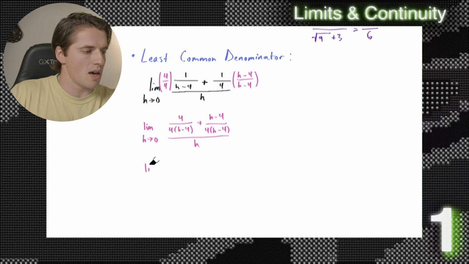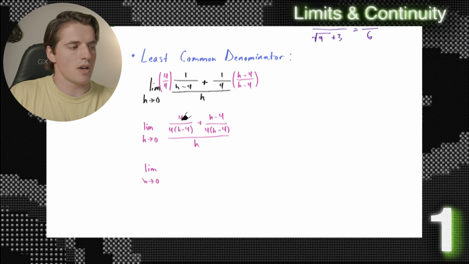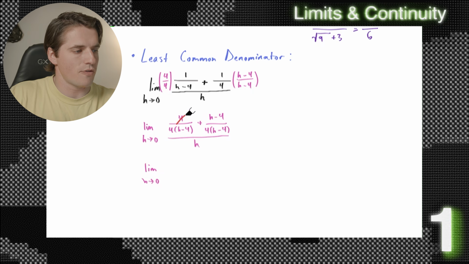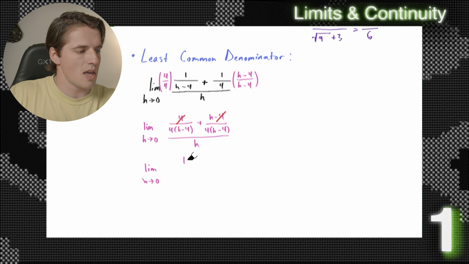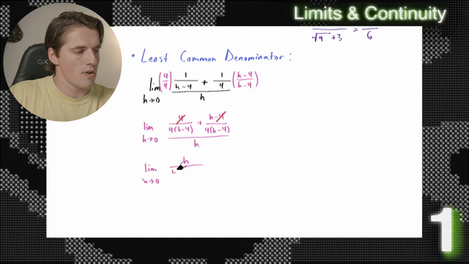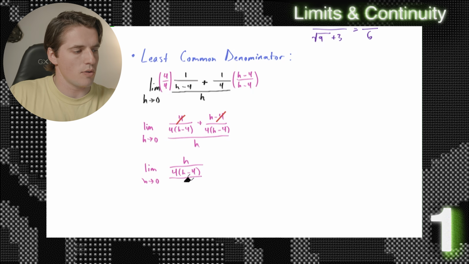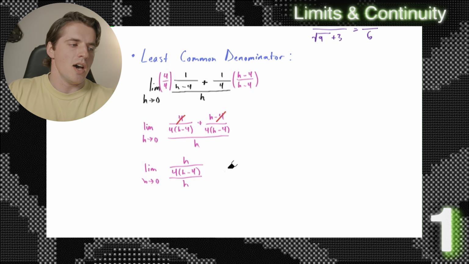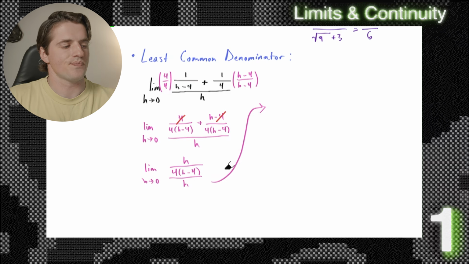Okay. The limit as h goes to 0, and we can see in the numerator, when we add these, the 4 and the 4 will cancel. So we'll have h over 4h minus 4 all over h. Okay, and this can be kind of confusing to have a fraction within a fraction.